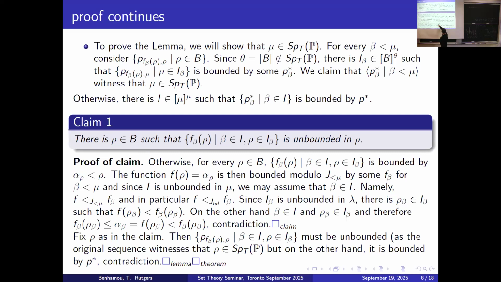And since I beta now is unbounded in lambda, that's actually a typo, it should be theta. I mean, I betas are subsets of theta.